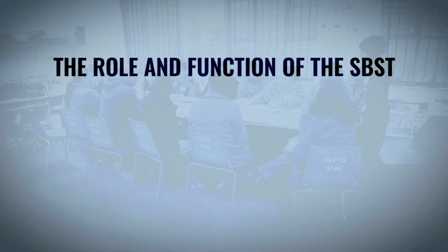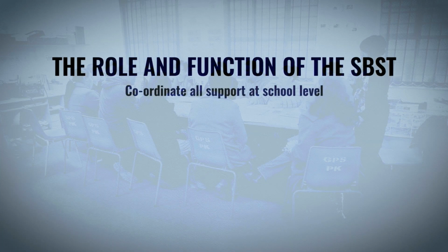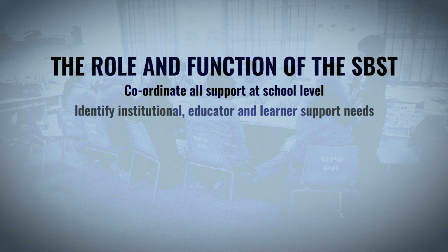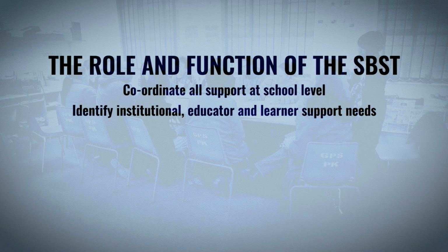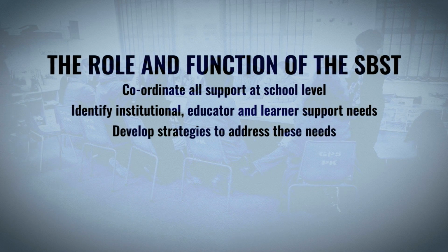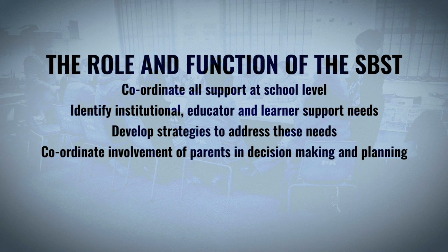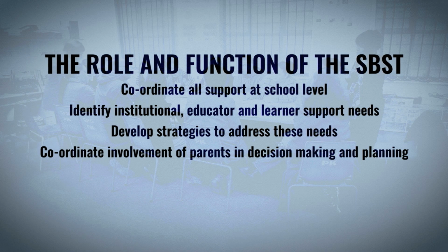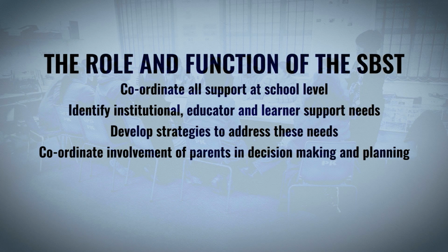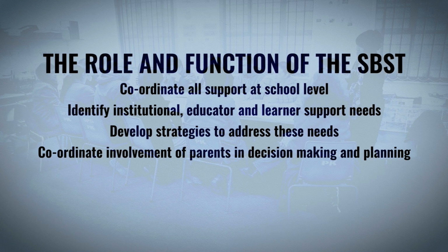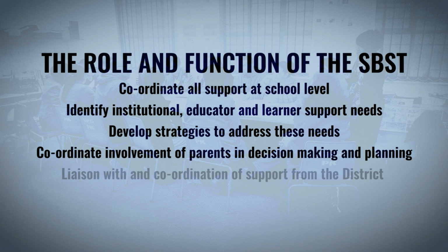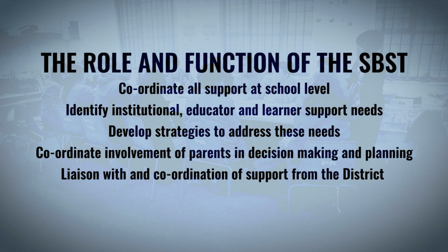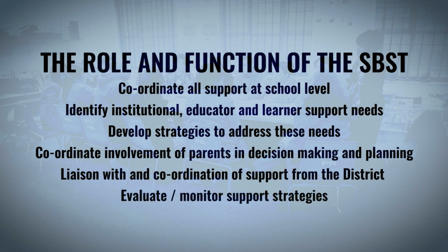The role and function of the SBST is to coordinate all support at school level, identify institutional, educator, and learner support needs, develop strategies to address these needs, and coordinate involvement of parents in decision-making and planning for their children. Parents are a key stakeholder in planning support for their children and are easily excluded from this process. Liaison with and coordination of support from the district.